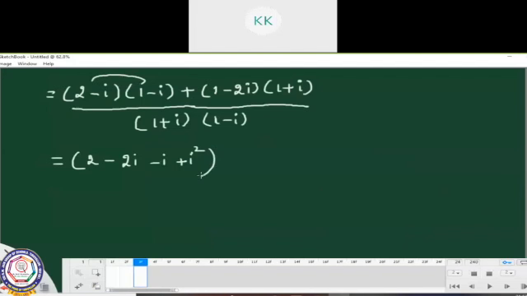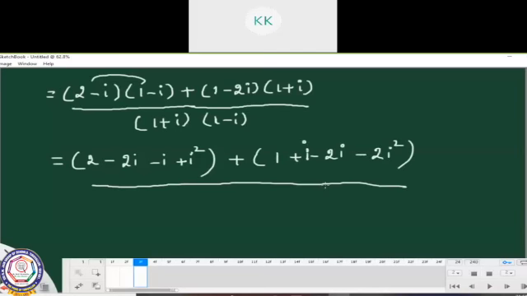Plus 1 plus i minus 2i minus 2i square, the whole divided by a plus ib into a minus ib, which equals a square plus b square. You can take the number alone, don't take the sign.